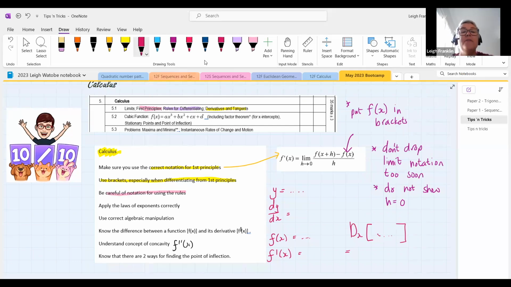The other thing you need to be aware of is applying your laws of exponents correctly. When you multiply like bases, you add exponents. When you divide like bases, you subtract your exponents. If you need to raise a power to a power, then you multiply your exponents.